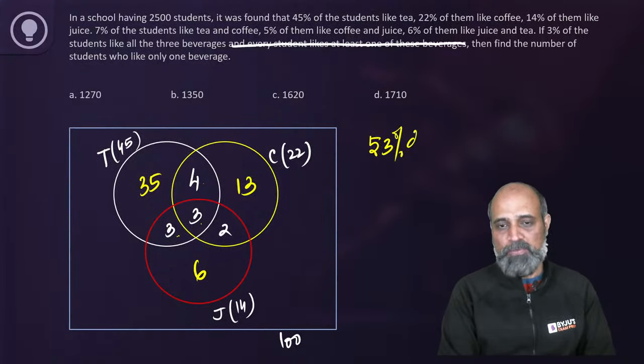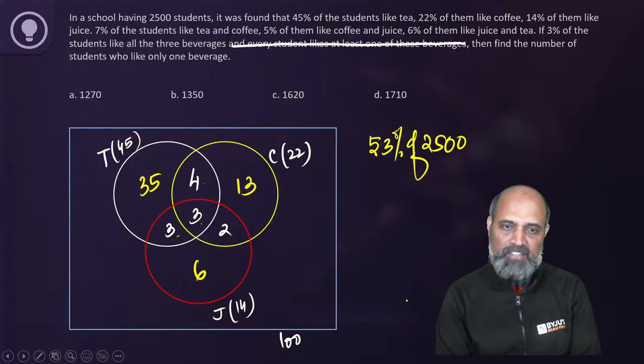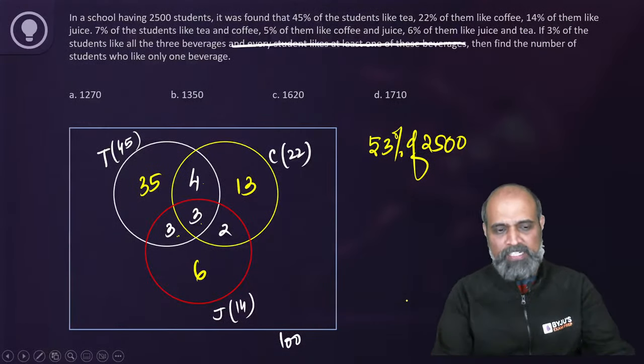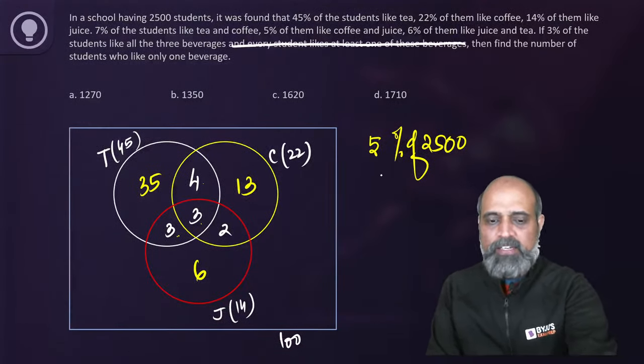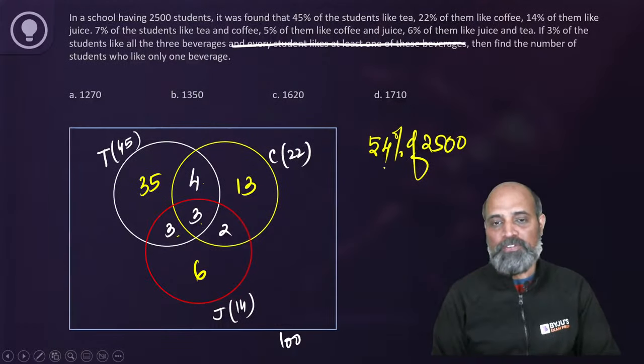So 53% of 2500. No, it should not be 53, right? No, not 53. Made some calculation mistake here. This is 54% of 2500.